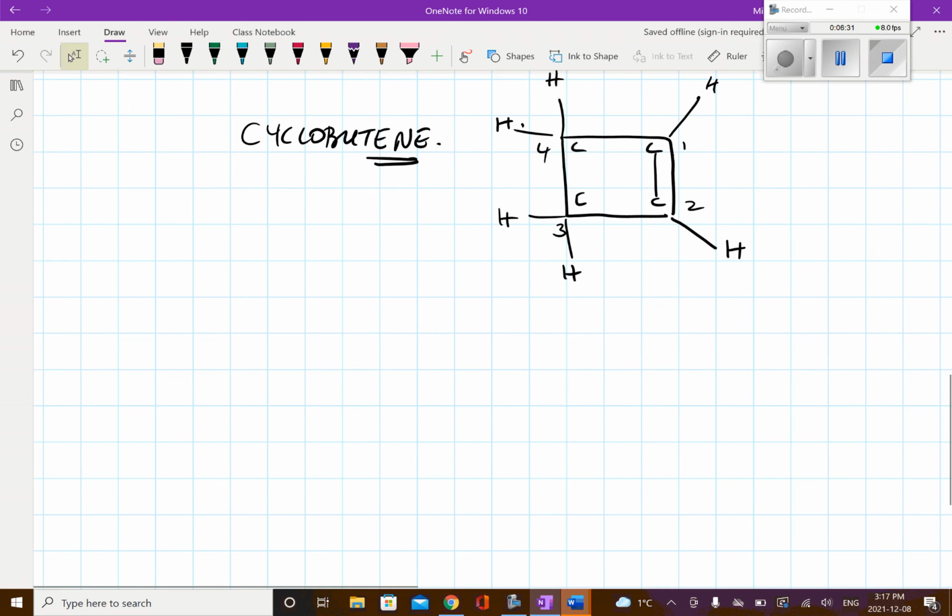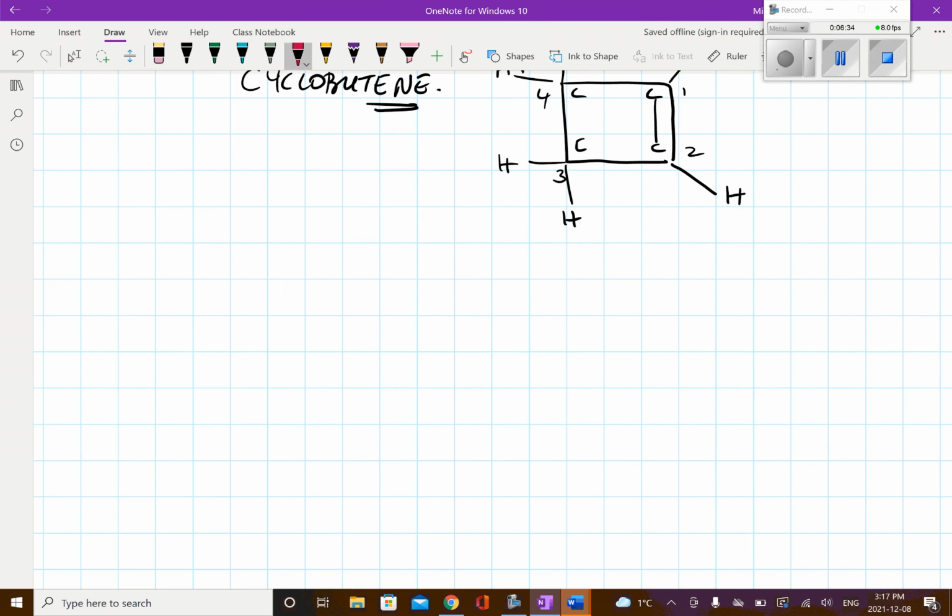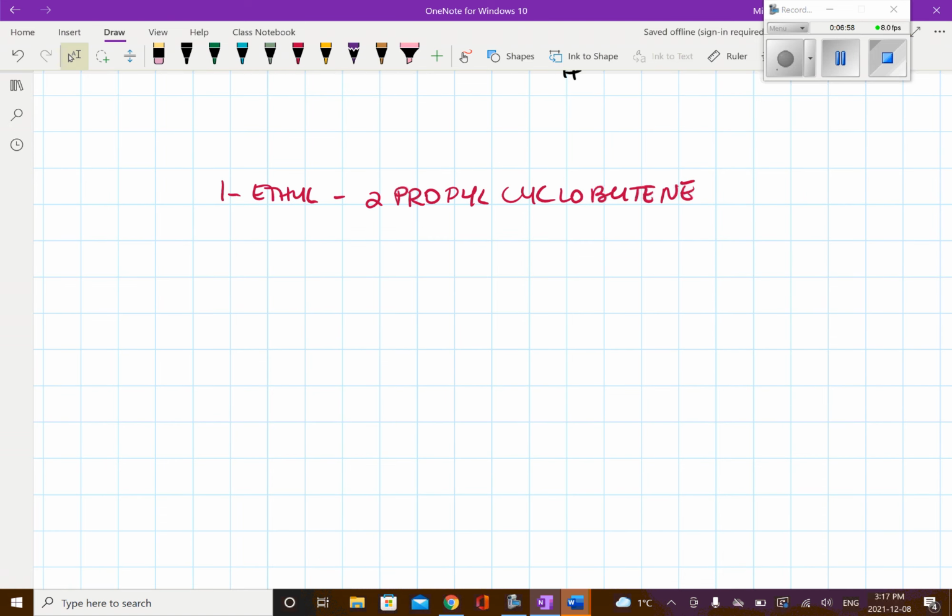Or if we take the previous example that we just mentioned, 1-ethyl-2-propylcyclobutene, then in position 1 and 2, so carbon, carbon, carbon, carbon, if we label it as 1, 2, 3, 4, doesn't matter clockwise or counterclockwise, we will have on position 1 an ethyl.